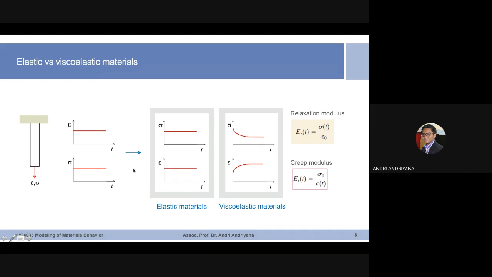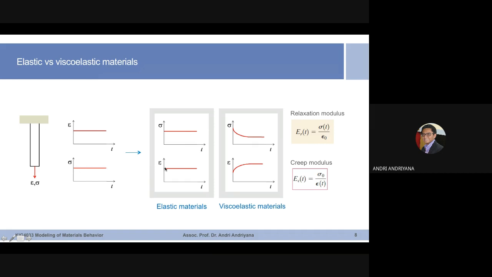While in the case of the creep test, the second one here, when we impose constant stress, the strain will increase over time if the material is viscoelastic. So you see the difference between elastic and viscoelastic materials. Constant strain leads to constant stress in elastic materials.